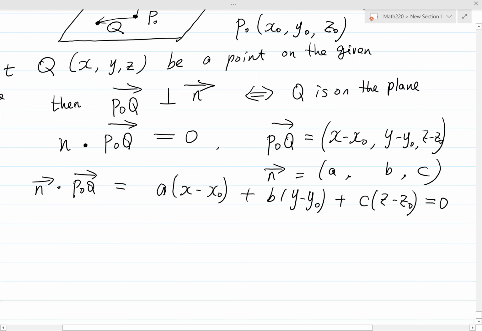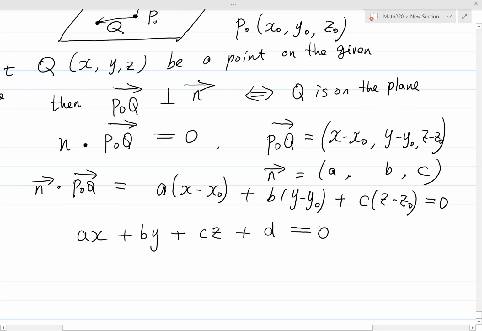So, a plane. Now if you rearrange this, you get ax plus by plus cz. x, y, z are variables, and all the remaining are numbers: x0, y0, z0 multiplied by abc. They are numbers, so we can write it as a number d, equal to 0.